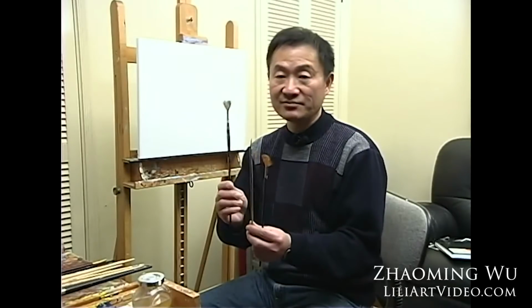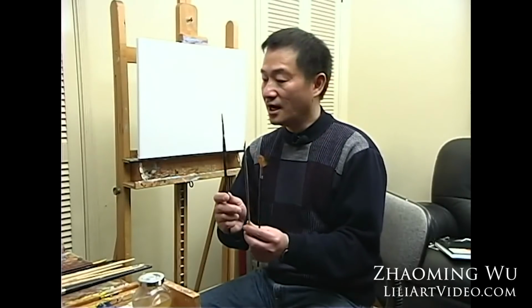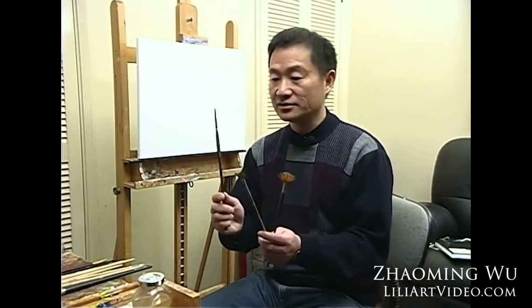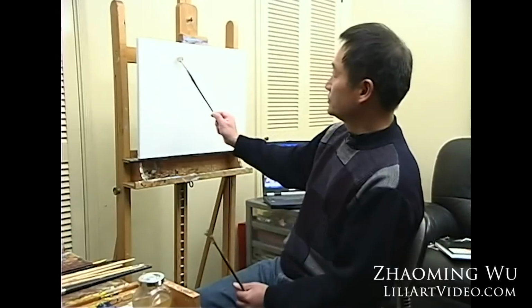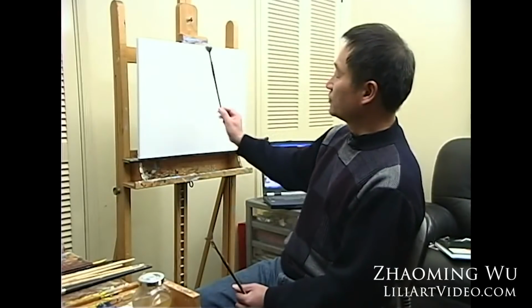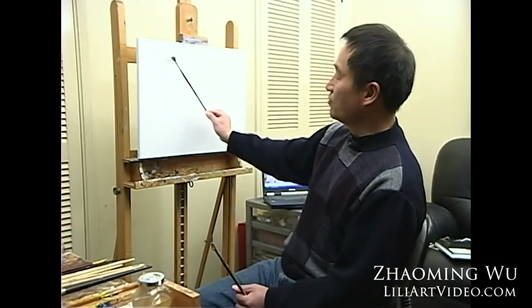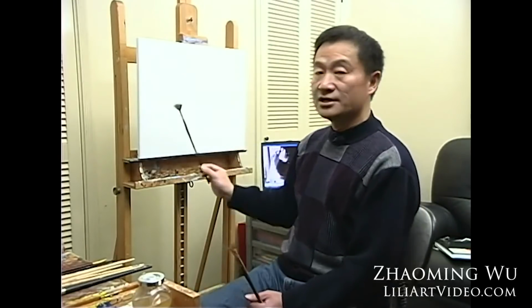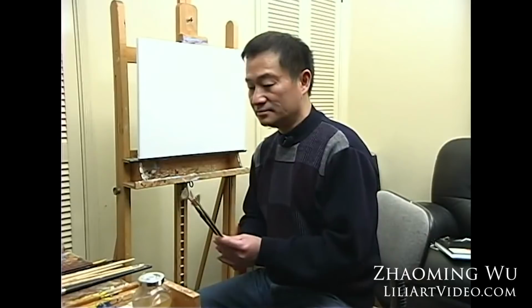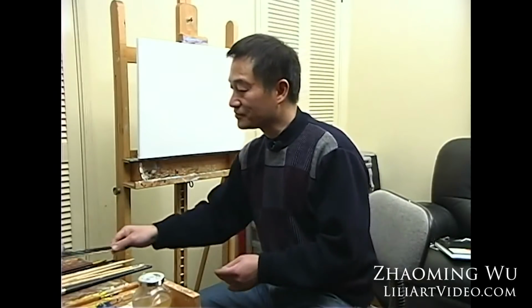And of course, there can be different ways of using the brush. All kinds of brush you can use in different ways. That means you can use the brush to paint directly that way, or you can paint with the side or the corner to create a very fine, nice, sensitive edge. So that's why I love the filbert brush.